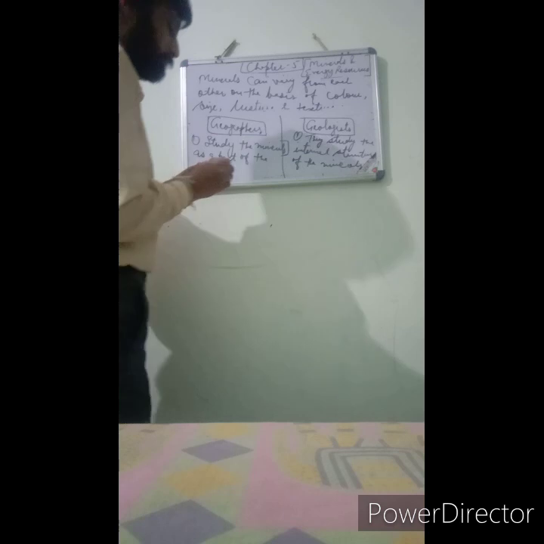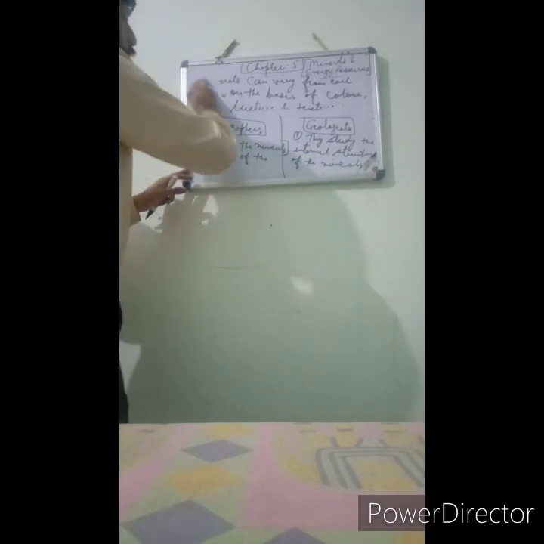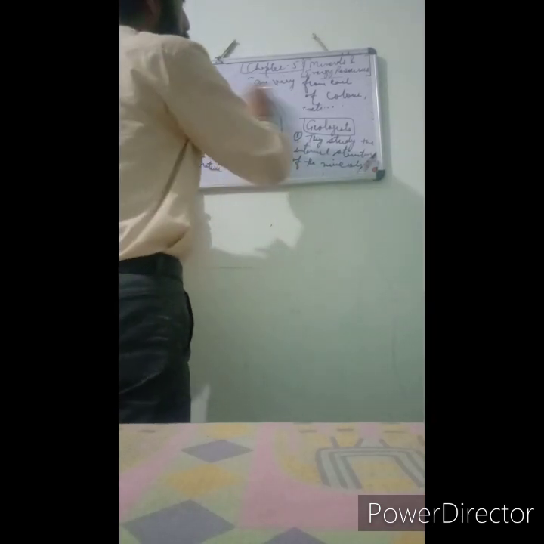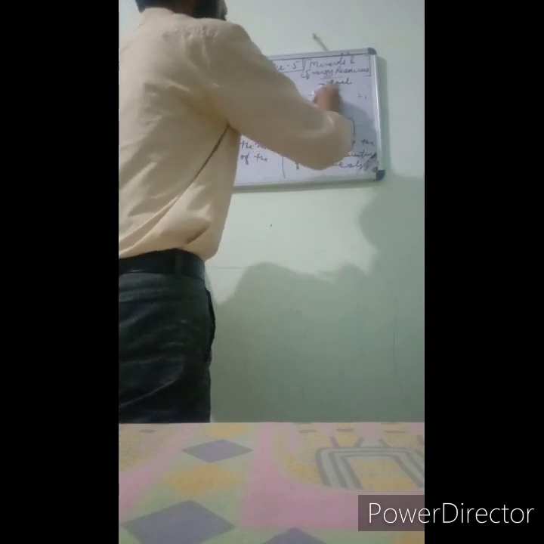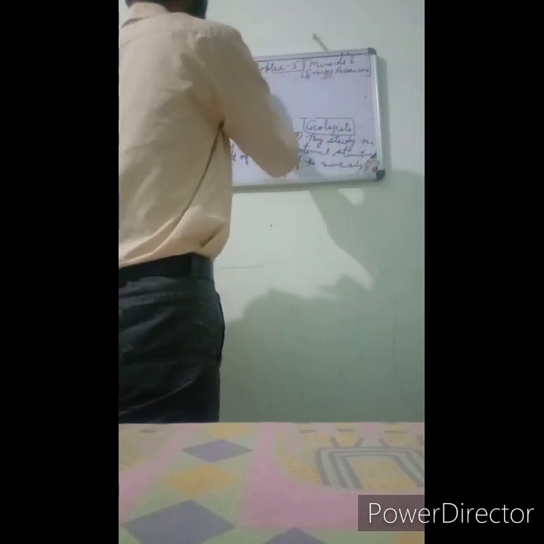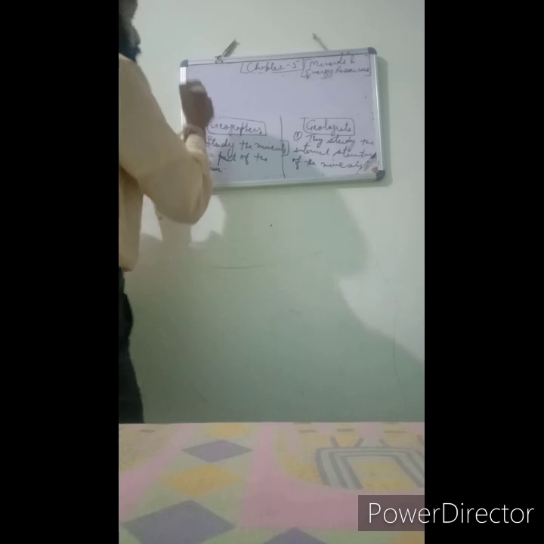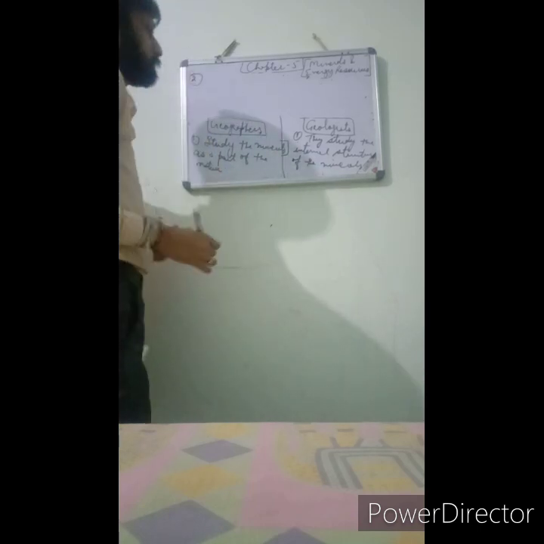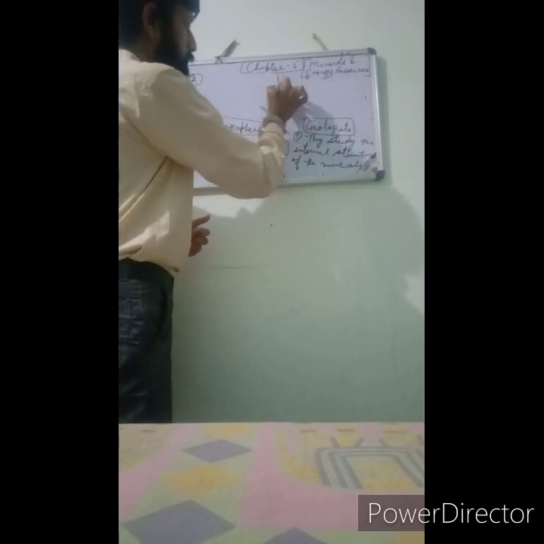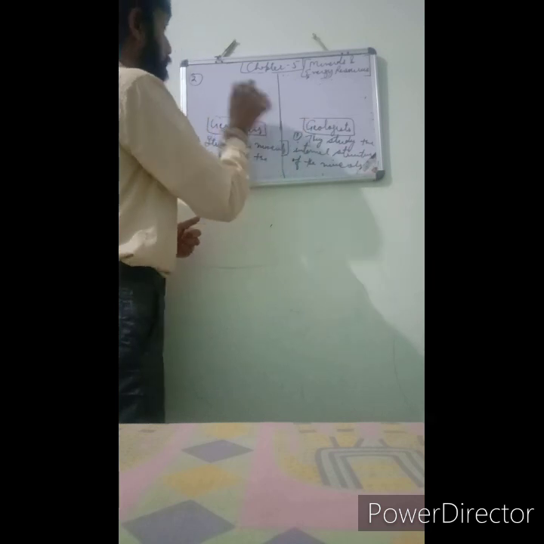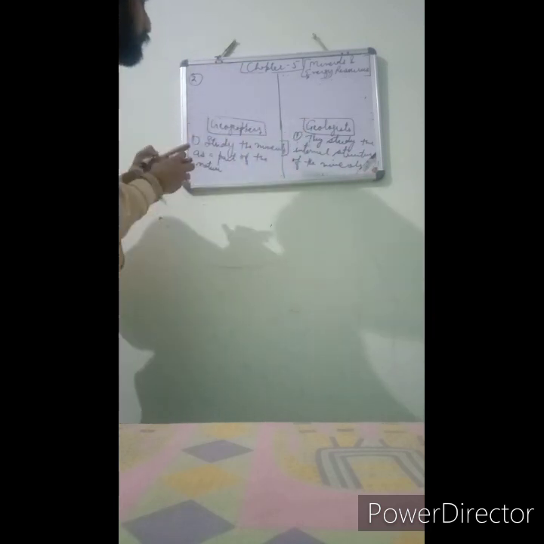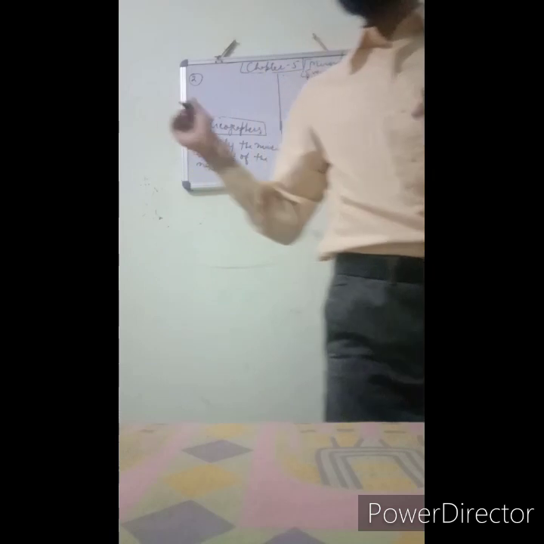Also, number 2, the geographers. Beta, please write down, jaldi karo, do it fast.